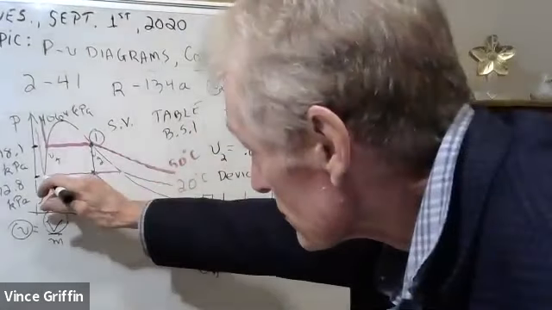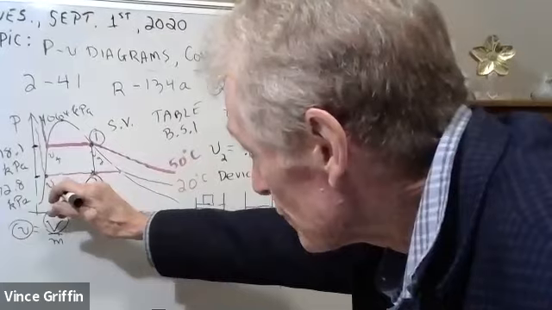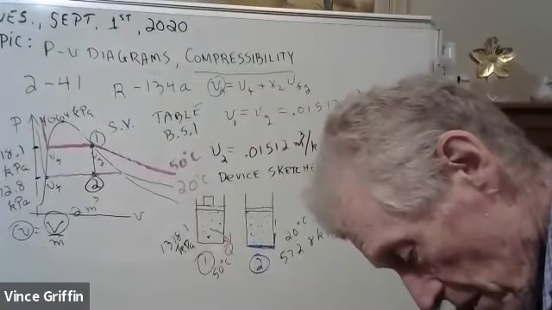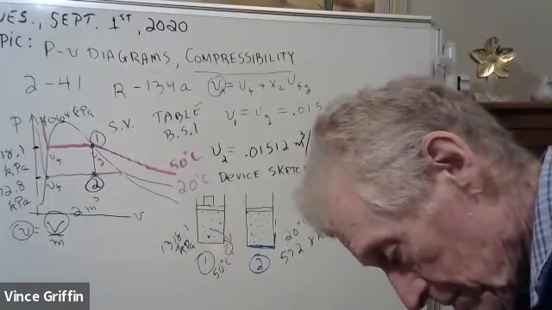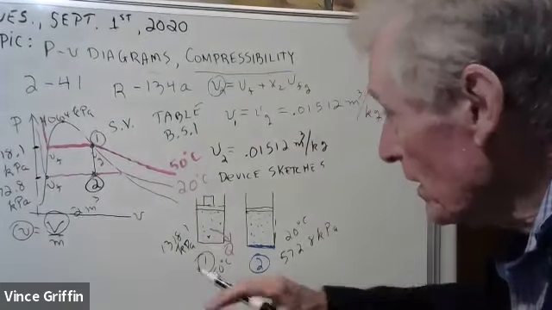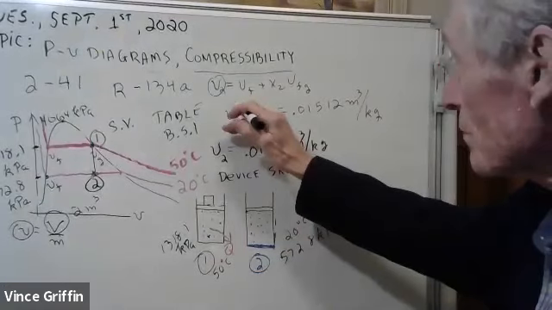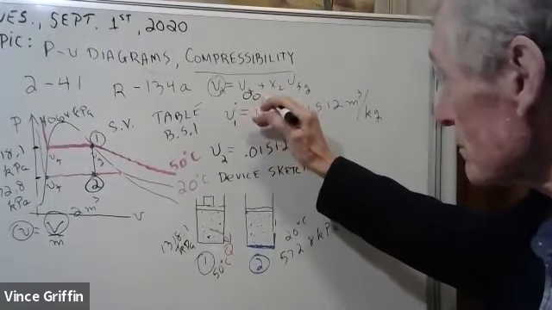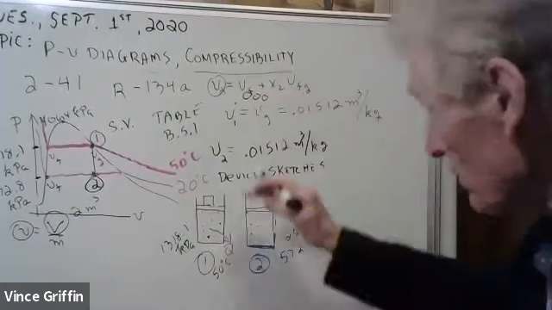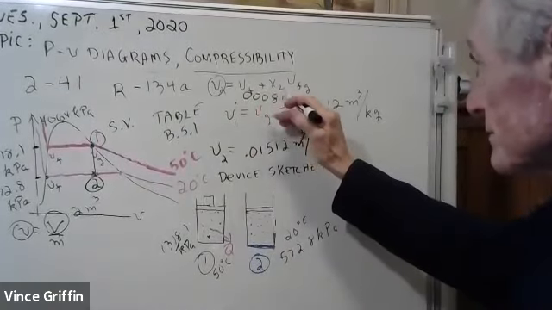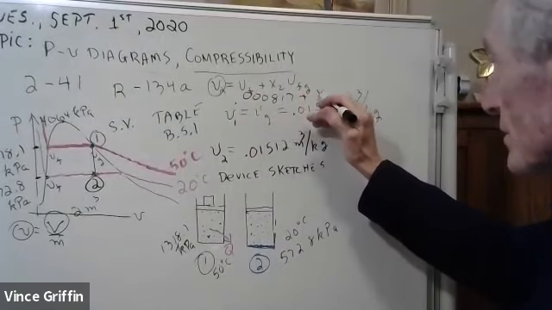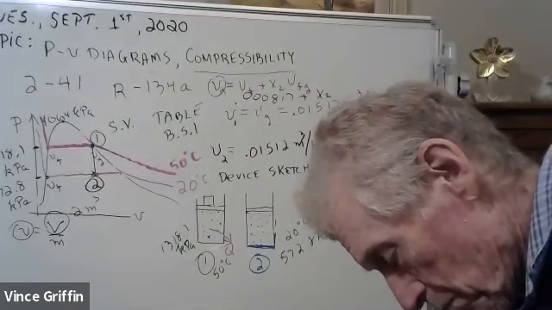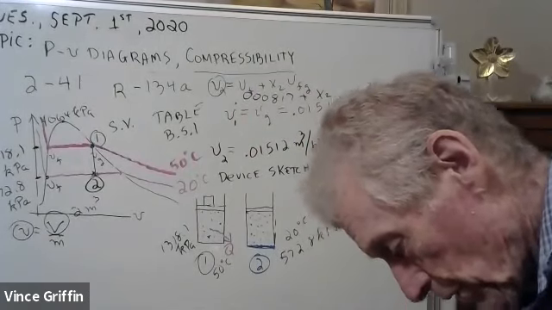I can tell you what it is. This VF at 20 degrees is, and let me shop around here. Here it is. It's 0.000817. And the quality of 2, we can find it. This VFG is at 20 degrees, 0.03524.